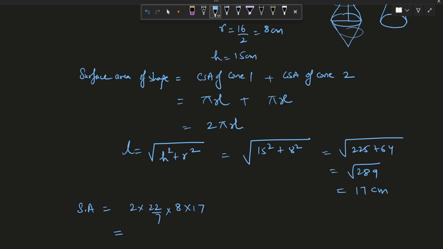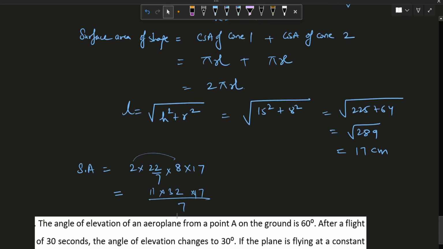So let's multiply and do the calculation. So I'll have 8 into 2, 16, 16 into 2, 32. Let me just do it in this way. So 32 into 11 into 17 by 7. I'm doing in this way, little easier version.